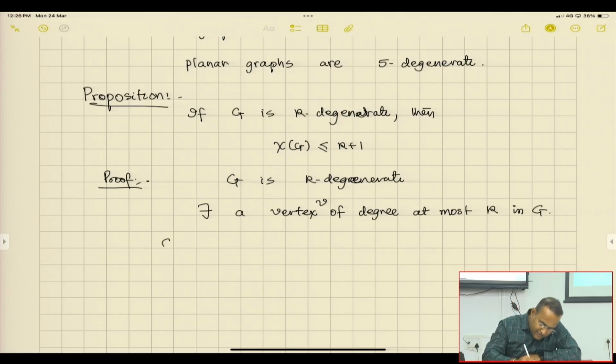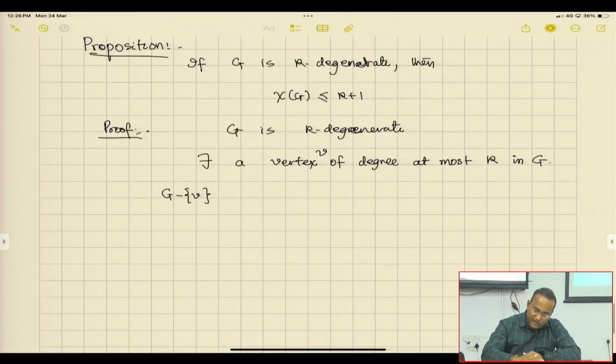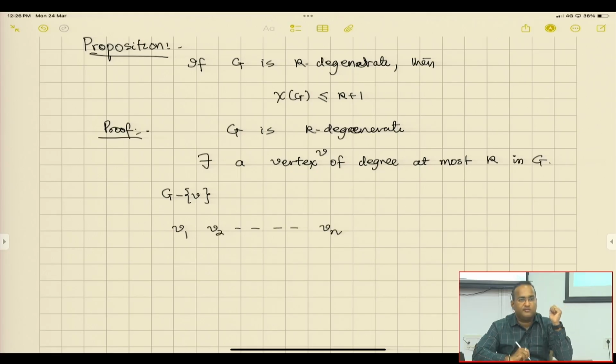So what about G minus v? G minus v is a subgraph of G. It is going to have again a vertex of degree at most k. So you pick a vertex, let us say v1, then v2, like that we have found all the vertices.